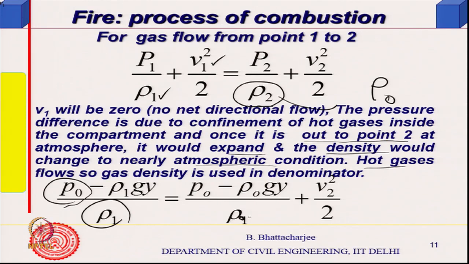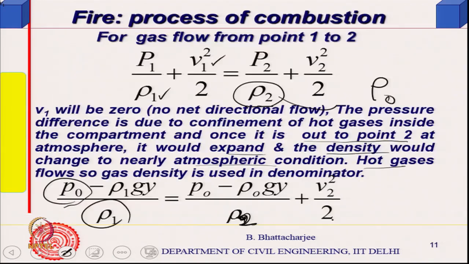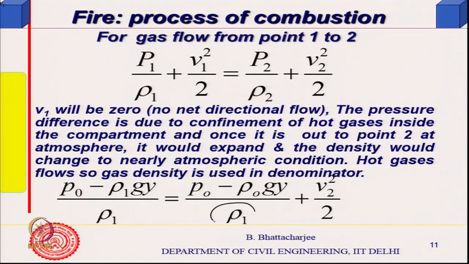I mean this should be 2, rho 2, and this should be 2 V 2 square by T 2. Now, since the volume of the gas I am considering, this density rho 2 also I am taking as the same gas, because hot air is going out, so hot gases flow.